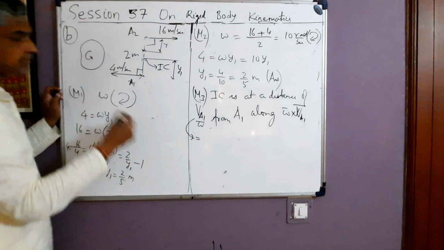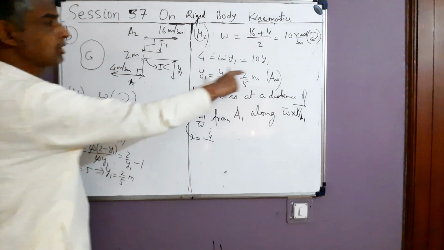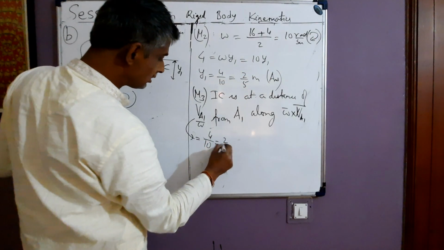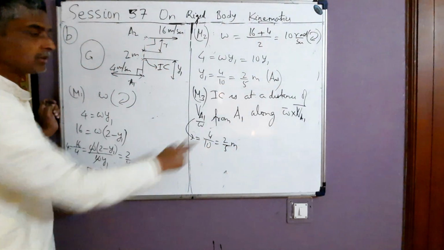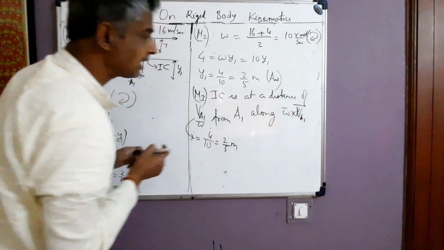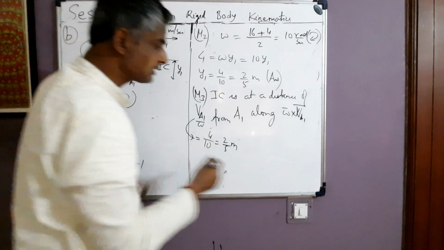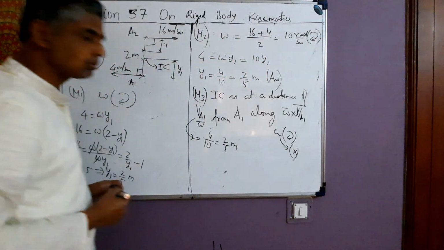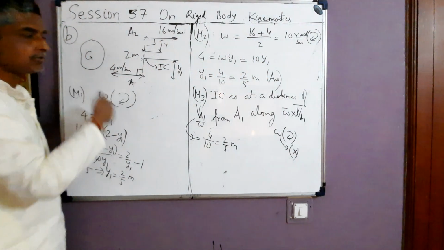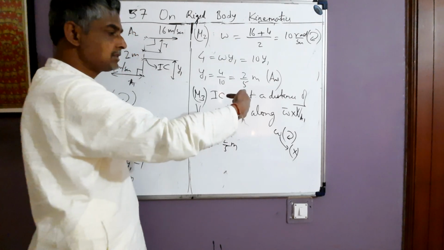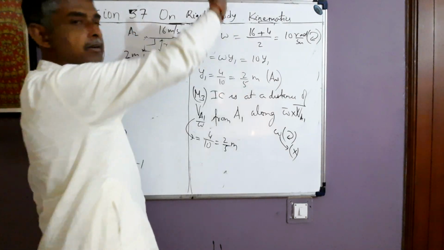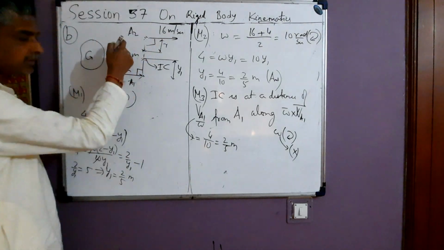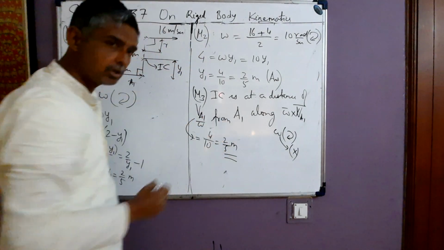VA1 is 4, and omega we have calculated in method 2 is 10. So 4 by 10, 2 by 5 meter from A1. Along which direction? Omega cross VA1. Omega has a clockwise sense, so the direction of omega is into the plane of the board, and VA1 is left. Omega cross VA1, by the right hand rule, is upward. So it is 2 by 5 meter above A1. So the same answer has been obtained by method 3 also.